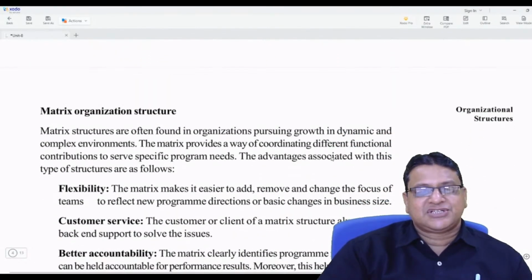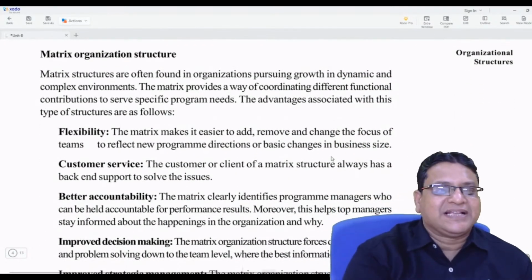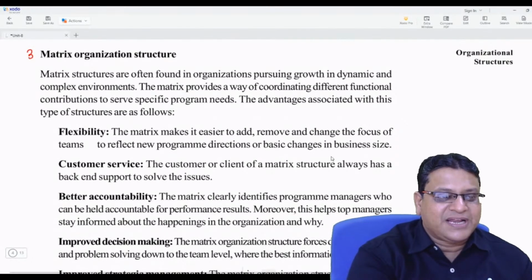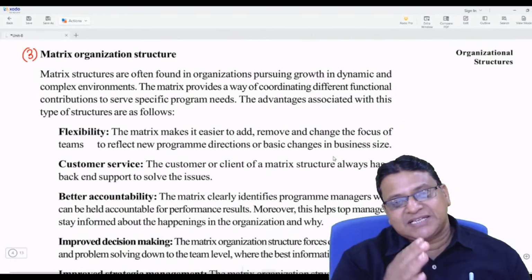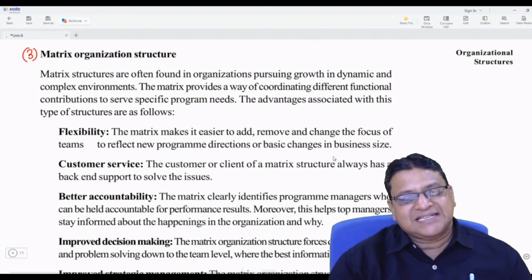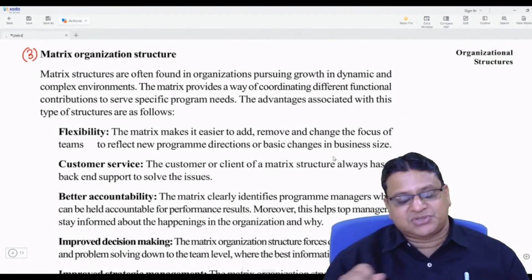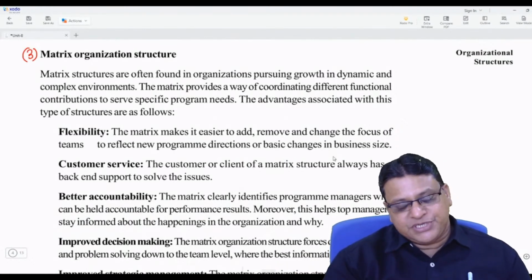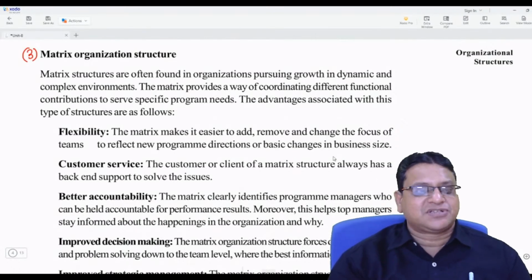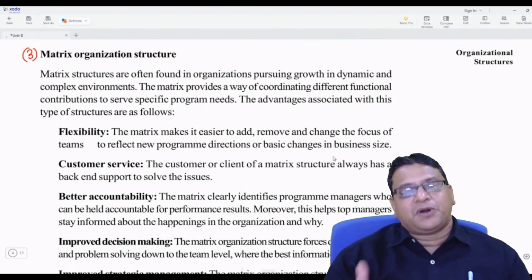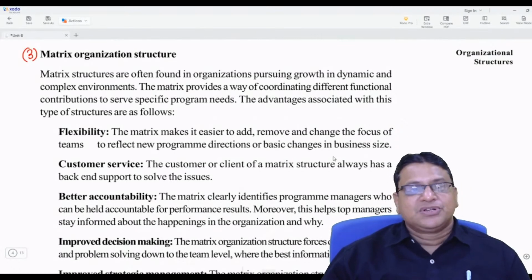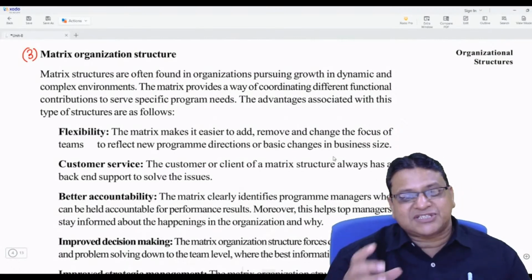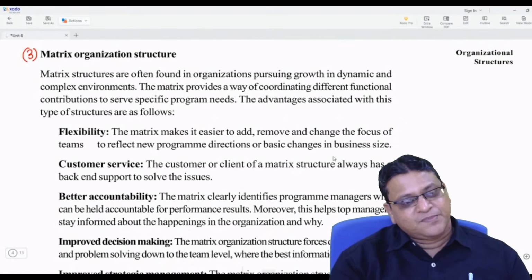The next structure is the matrix organizational structure. What is matrix organizational structure? In functional organizational structure, organizations are classified on the basis of functions. In divisional organizational structure, organizations are classified on the basis of area, product, or customers. Functional organizational structure has certain merits and demerits.